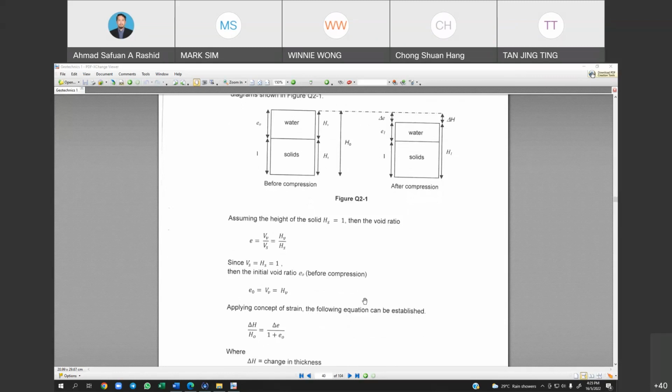So we use the concept of strain, where delta H over H naught is equal to delta e over 1 plus e naught.